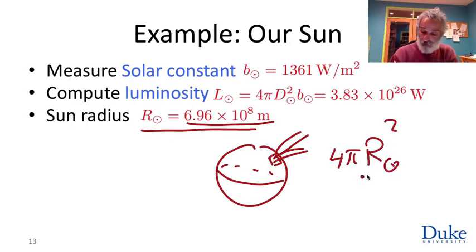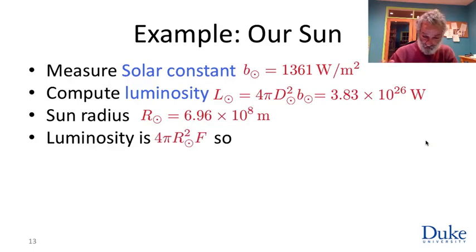If I multiply that by the flux, the amount of power in watts emitted by each square meter, this should equal L. Since I know the radius of the sun and the luminosity, the total amount of energy that's being emitted, I can figure out the flux that each square meter emits. Now, the luminosity, as I said, is the area of the sun times the flux, and so I could compute the flux.